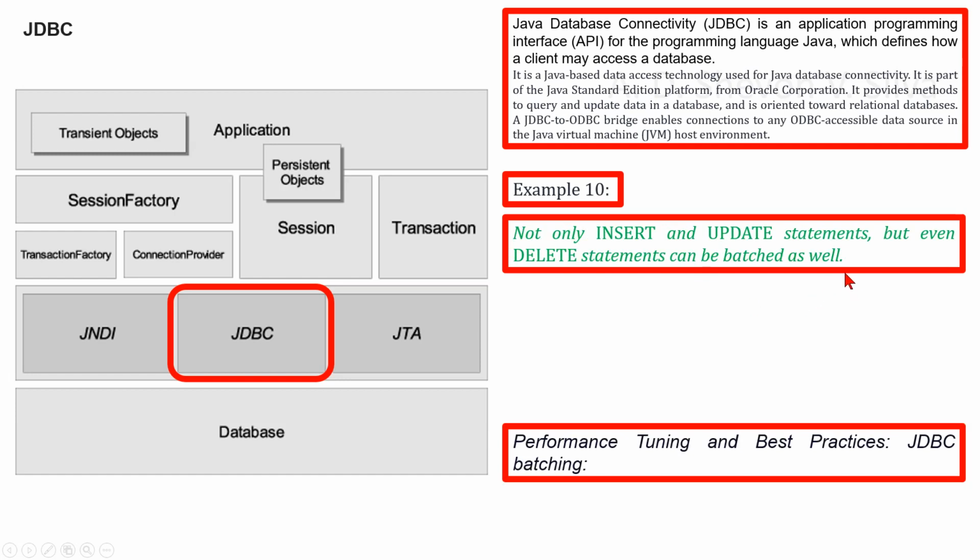Not only insert and update statements, but even delete statements can be batched as well. JDBC allows us to batch multiple SQL statements and send them to the database server in a single request. This saves database round trips and also reduces response time significantly. For insert and update statements, make sure that you have all the right configuration properties in place, like ordering inserts and updates, and activating batching for versioned data.